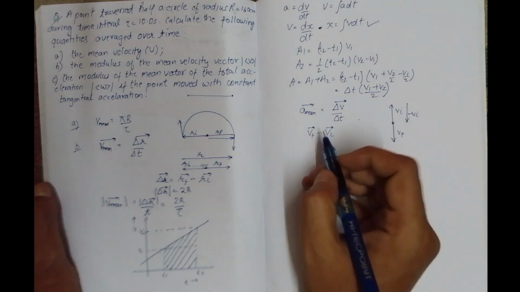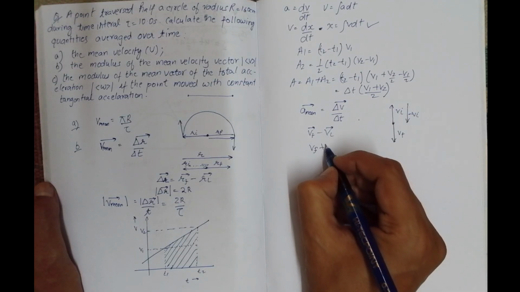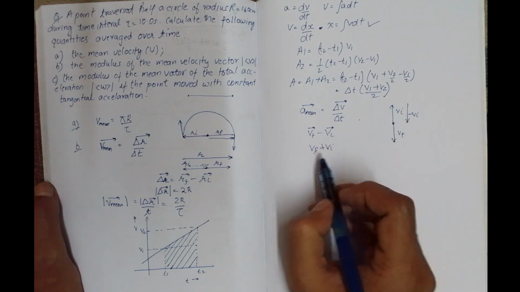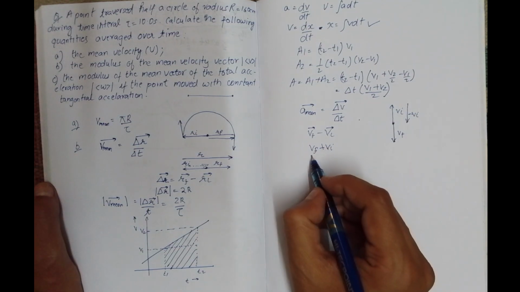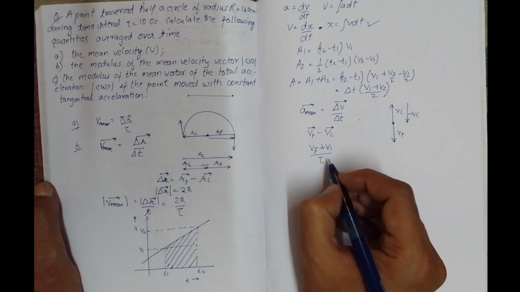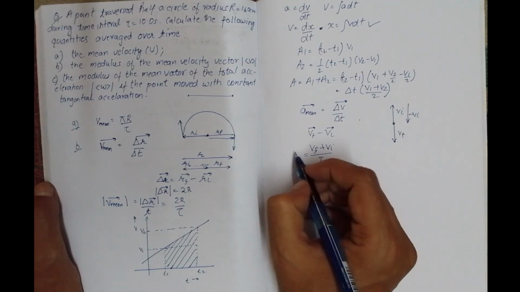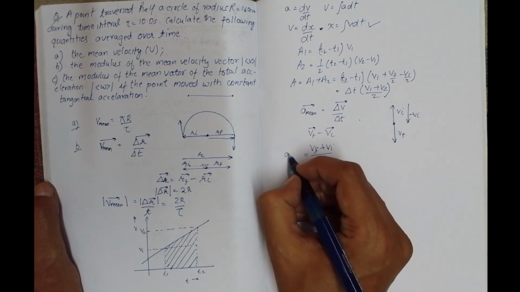Right? So the magnitude of VF plus VI is the total change in velocity, divided by the time taken, which we know is equal to this much. This is what we want to find out: the magnitude of the AM.